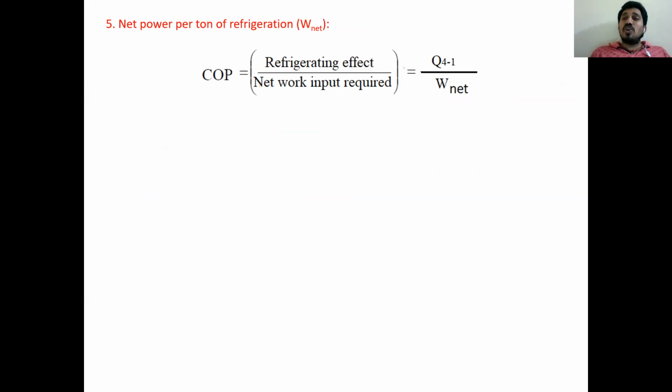We know that the COP equation is the ratio of refrigerating effect to the net work input required. I already discussed this in the Carnot cycle and air refrigeration system. Refrigerating effect is Q41. In the problem, we used the notation like this: Q41 or QL, refrigerating effect or cooling effect. Net work input required is W net, which is nothing but compression work minus expansion work.